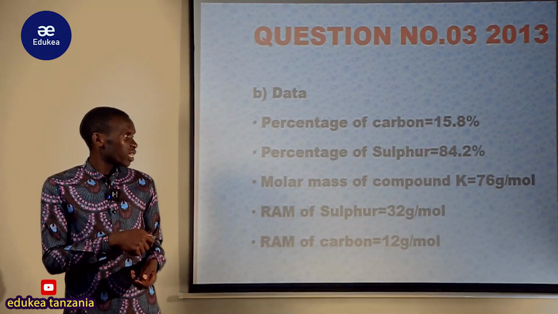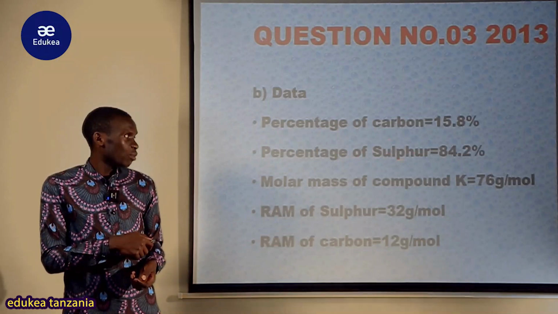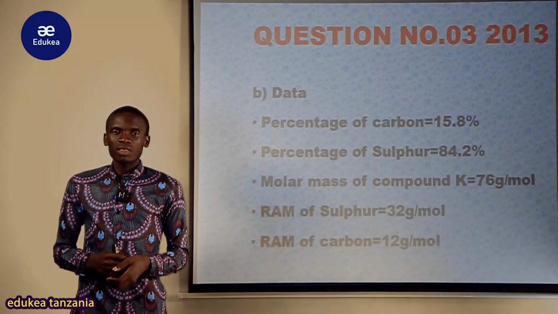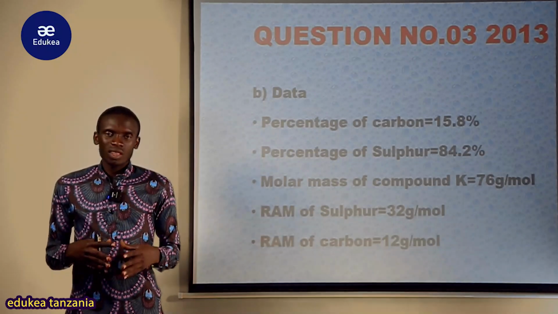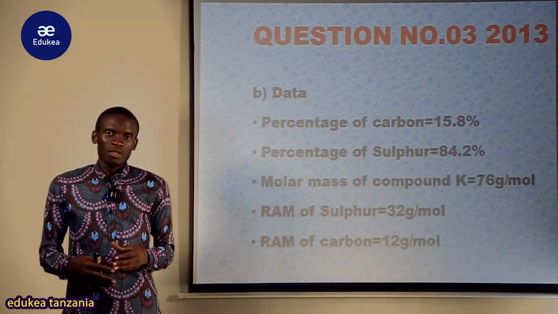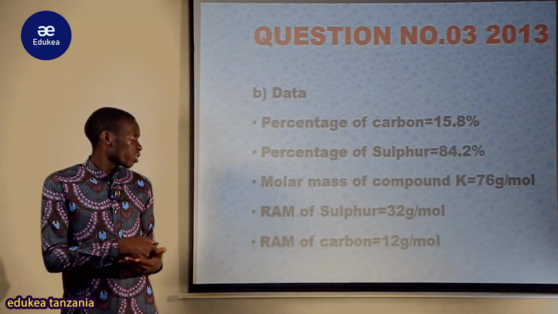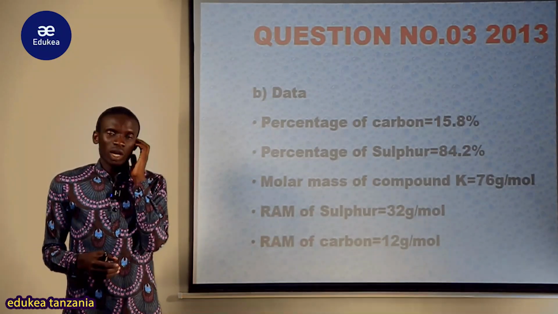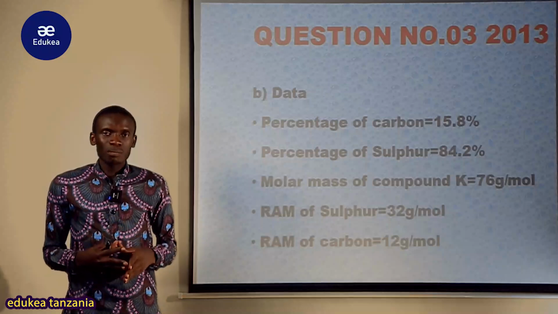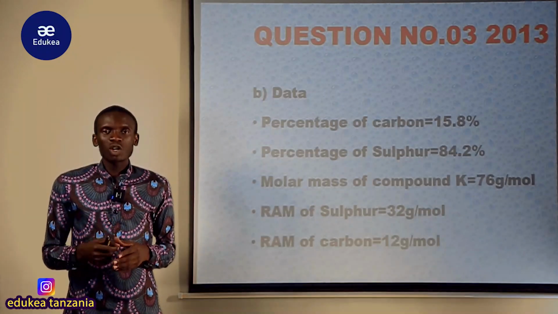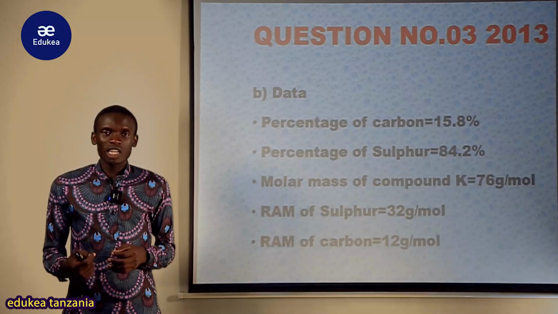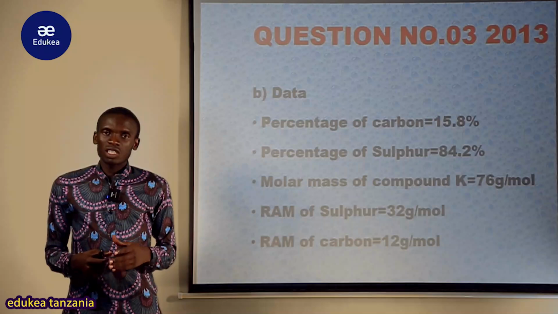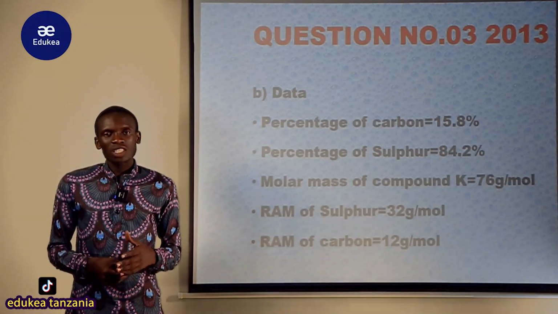Then, knowing the percentages of carbon and sulfur and the molar mass is not enough, but you also have to know the relative atomic mass of the atoms that form compound K. The atoms are sulfur and carbon, so the relative atomic mass of sulfur is 32, because its atomic number is 16. Then the relative atomic mass of carbon is 12, since its atomic number is 6.